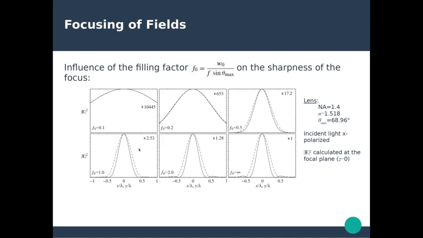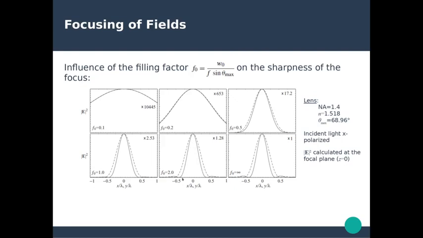However, when you start filling and overfilling the back aperture, you see that now you're starting to have a laser spot which is more focused in one direction than the other. So the dashed line is the x direction where the light is actually polarized, and the other one is the y direction.